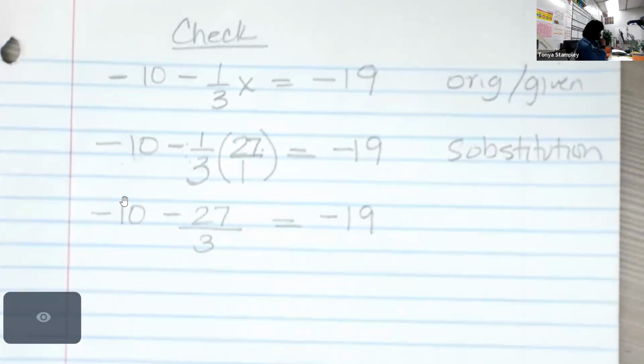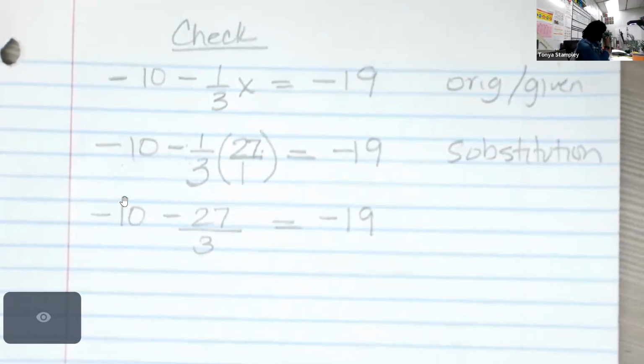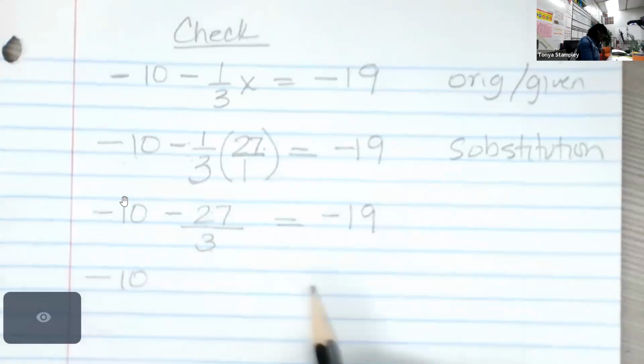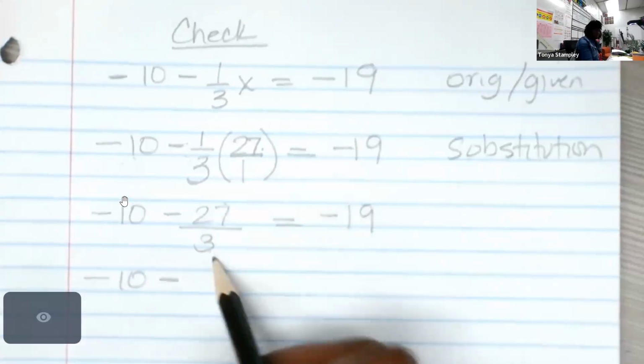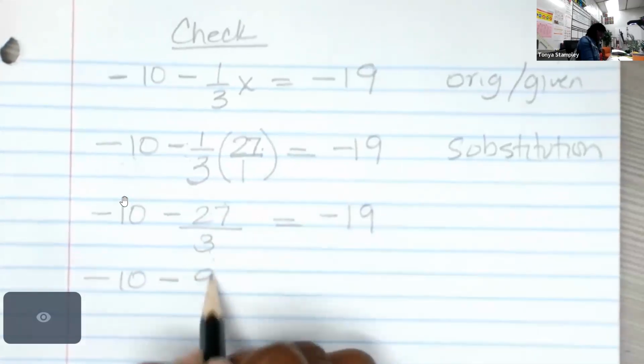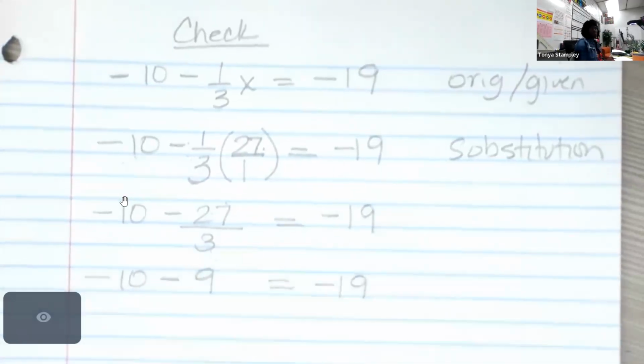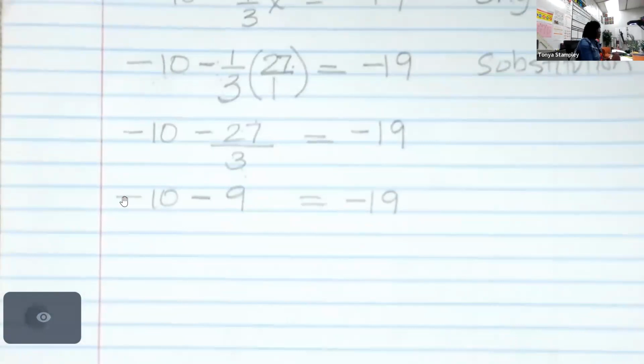Any questions? Now what? Good. I'm gonna divide -27 by 3. What's a negative divided by a positive? Negative. So I'm bring down my -10. Then I'm gonna have a negative. And what's 27 divided by 3? 9 equals -19. Now we're here.